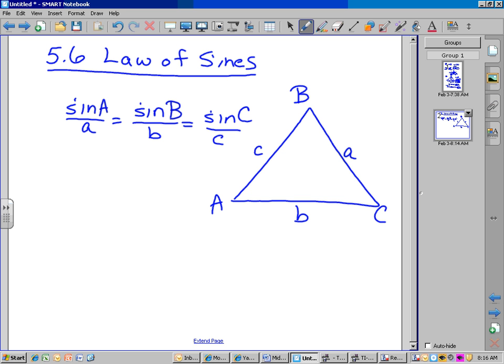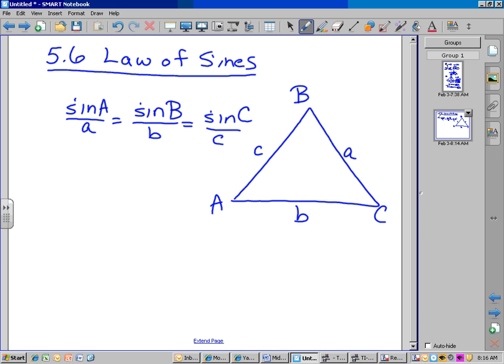Now, this doesn't solve every single situation that you're given. Okay? This solves specific situations, like when you guys prove triangles congruent. You remember angle, angle, side, angle, things like that?